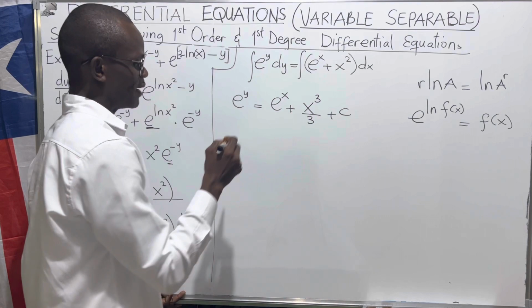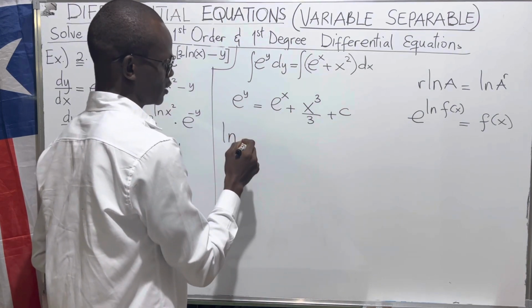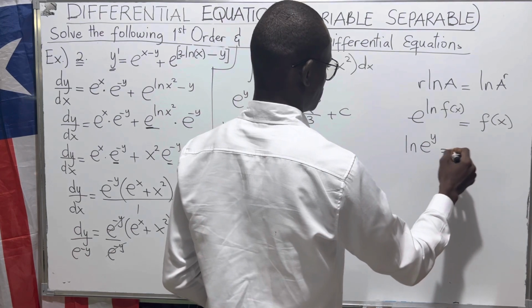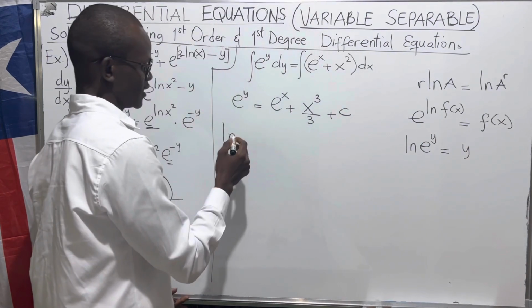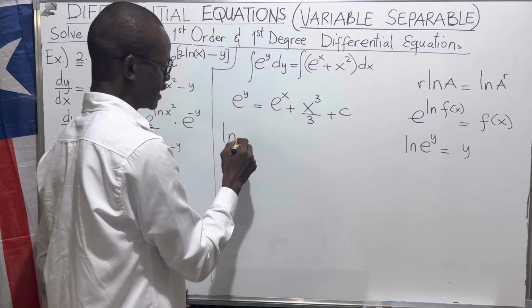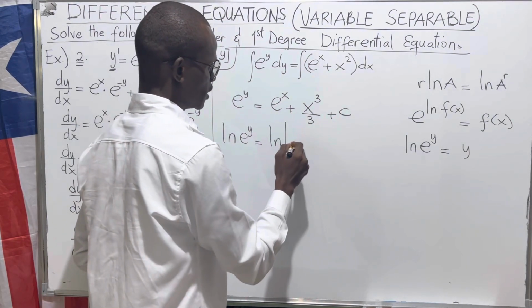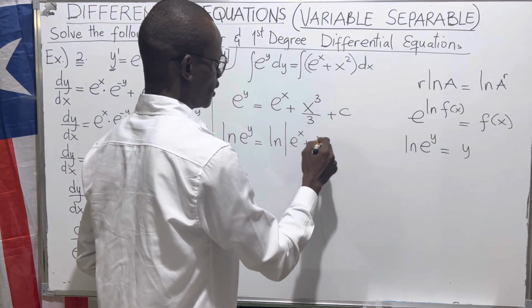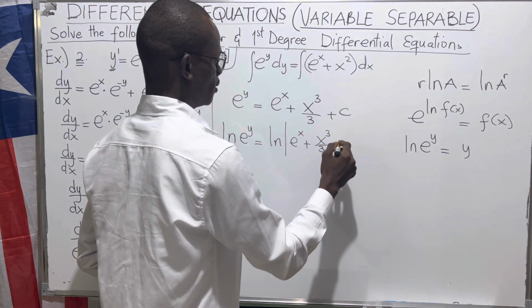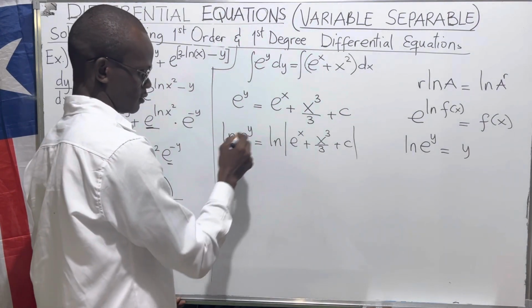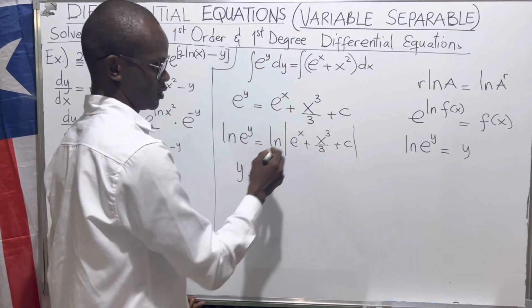We can solve for y by taking the ln on both sides, because we know that the ln of e raised to the power y is just equal to y. So we take the ln on this side, and also on this side, e raised to the power x plus x cubed over 3 plus arbitrary constant c.